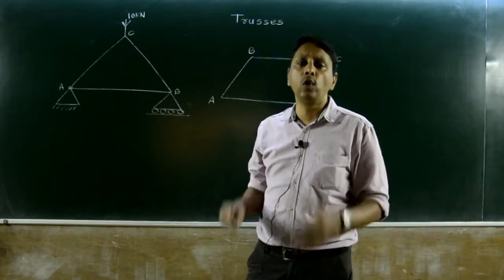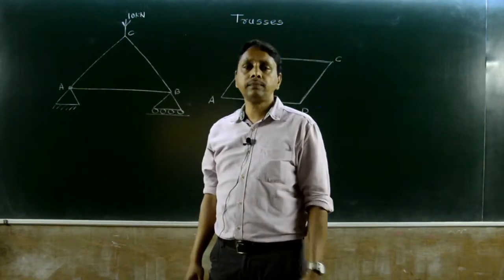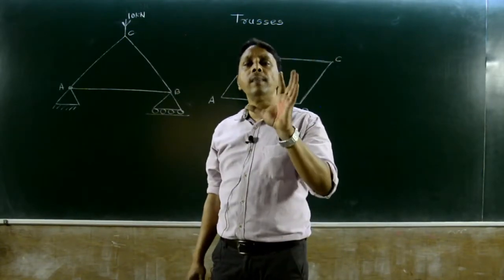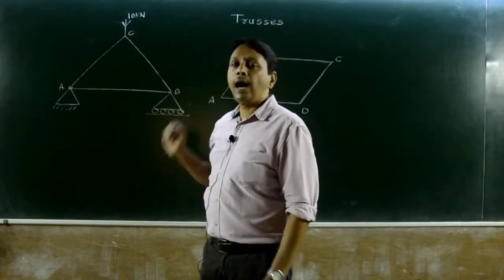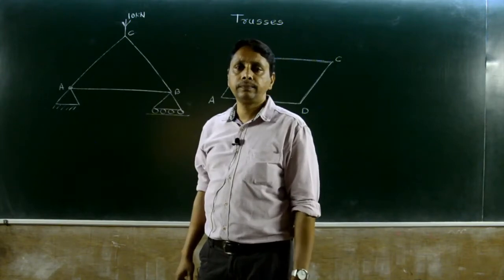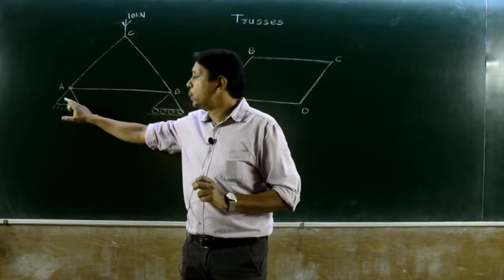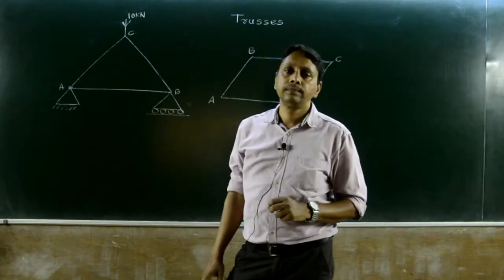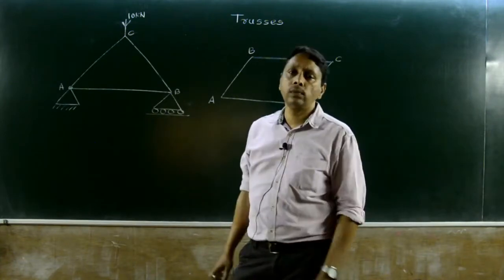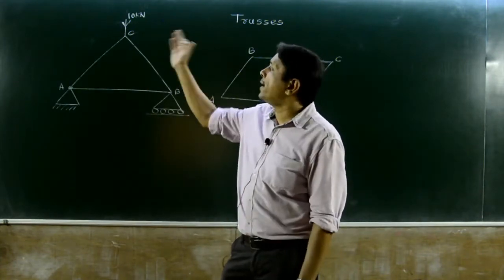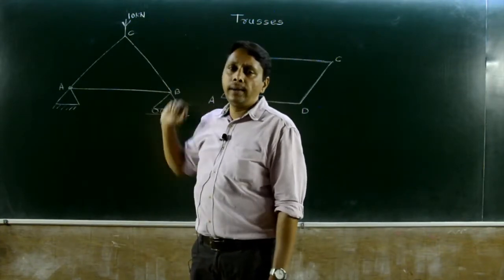So how is this force developed? For that we have this simple truss triangle. How many members are there? AB, BC, CD are the members. Every truss is usually supported at the ends. A and B are supports, A is a hinge support and B is a roller support, and it is loaded. So what happens when loaded?